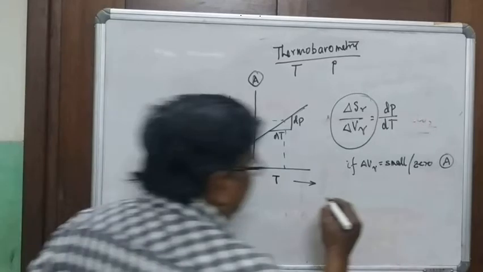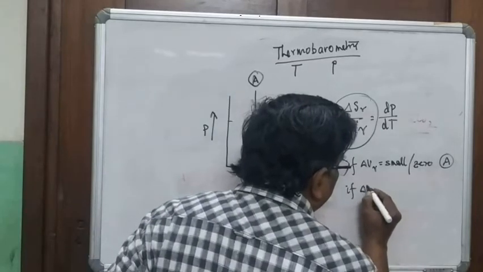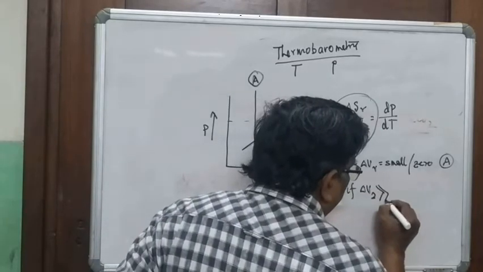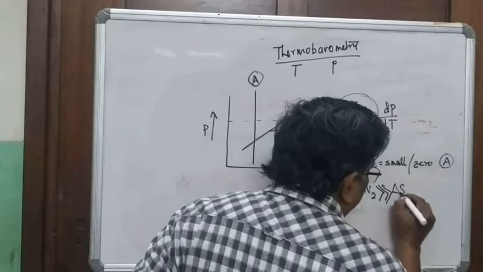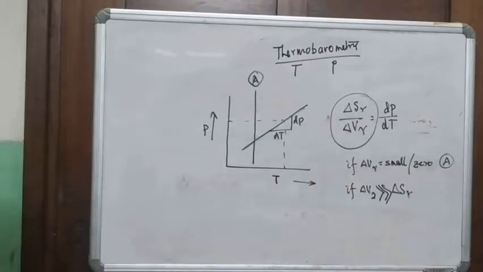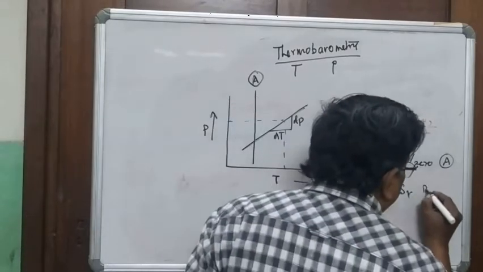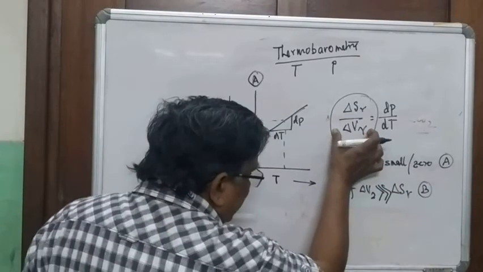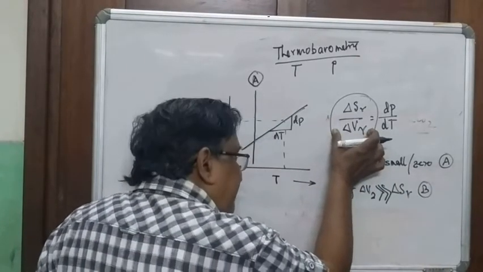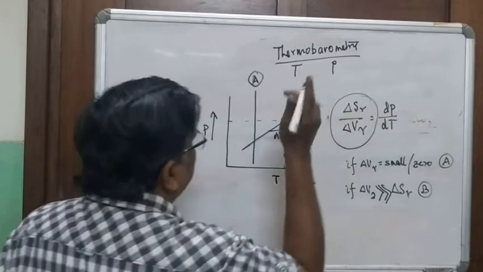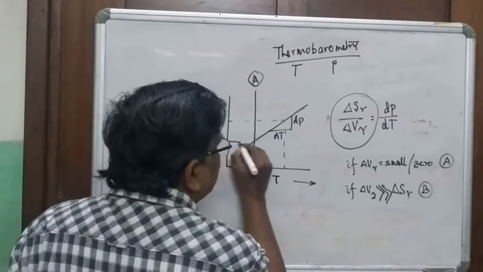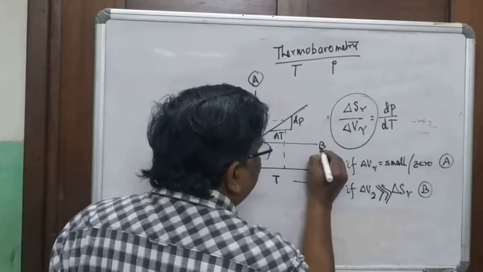And if delta V_R is large, and we label this as reaction B, so the volume change of the reaction is very large compared to the entropy change, then such a reaction would have a slope like this.